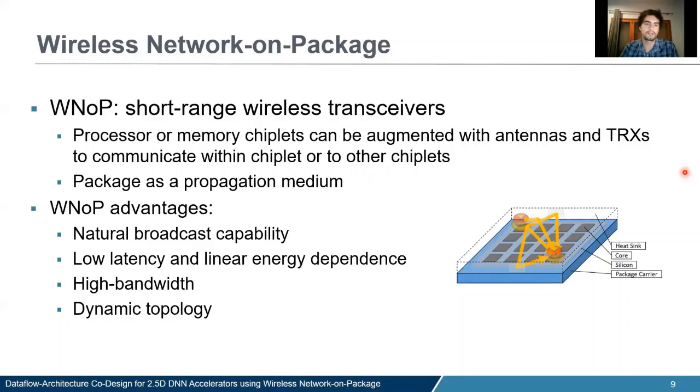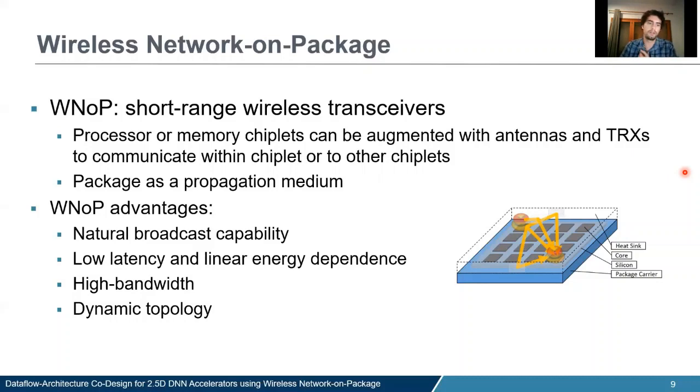By using wireless technology, some advantages are that we'll have a natural broadcast capability, which can be very useful in some data flows, as we've seen. We'll have low latency, since we will not have multiple hops, and the energy dependence will be linear. This is because if a chiplet wants to participate in the communication, it only has to include a transceiver.